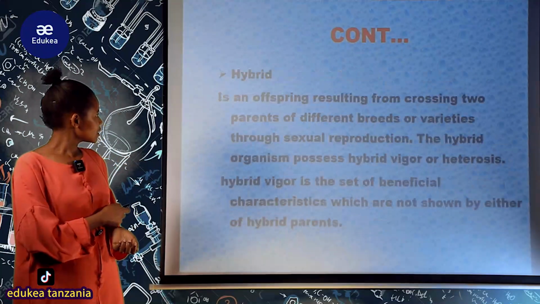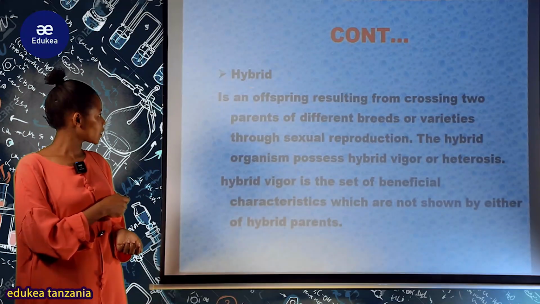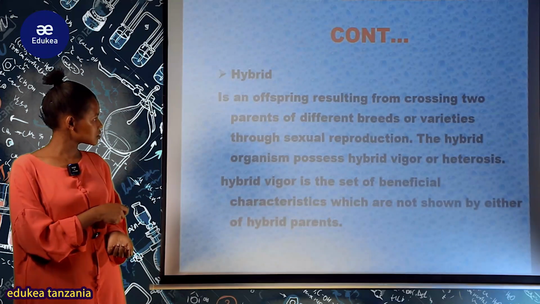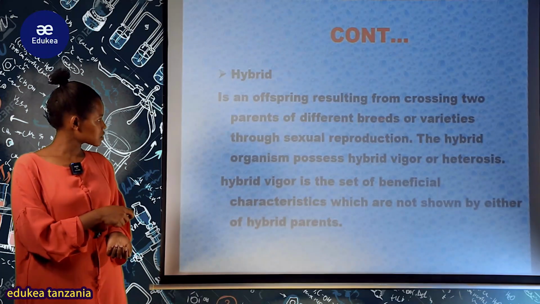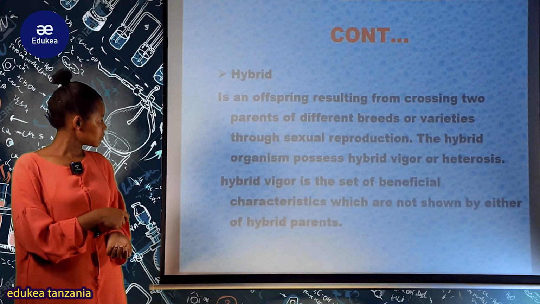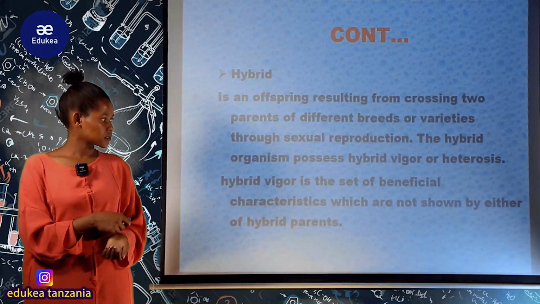Hope you understand. Now tunaenda kuangalia another terminology which is hybrid. In which hybrid is an offspring resulting from crossing two parents of different breeds or varieties through sexual reproduction. The hybrid organism possesses hybrid vigor or heterosis.